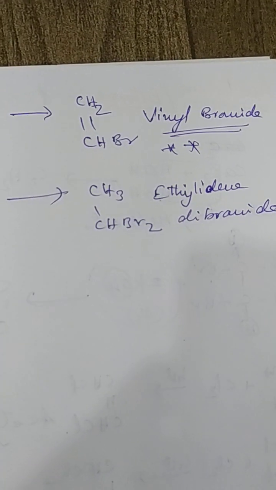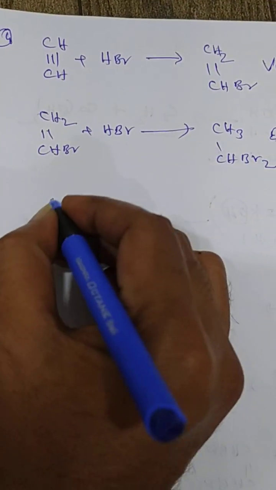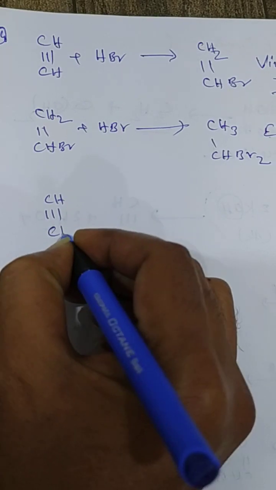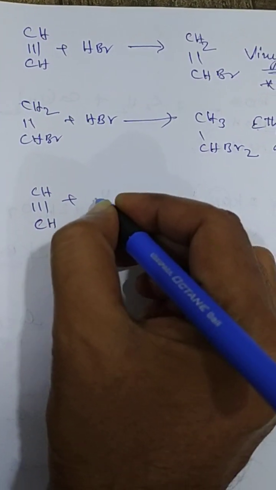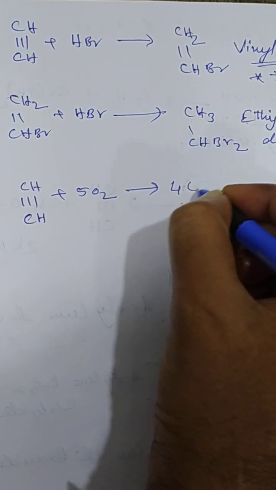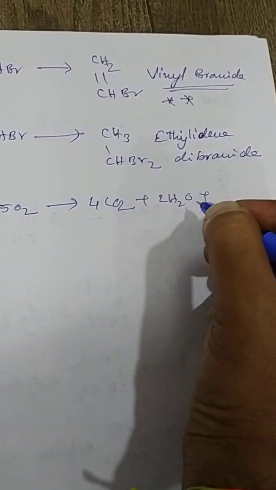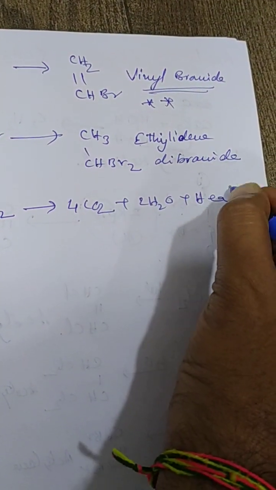Now the burning, a simple reaction. CH triple bond CH with 5O2 will make 4 carbon dioxide, 2H2O plus heat.